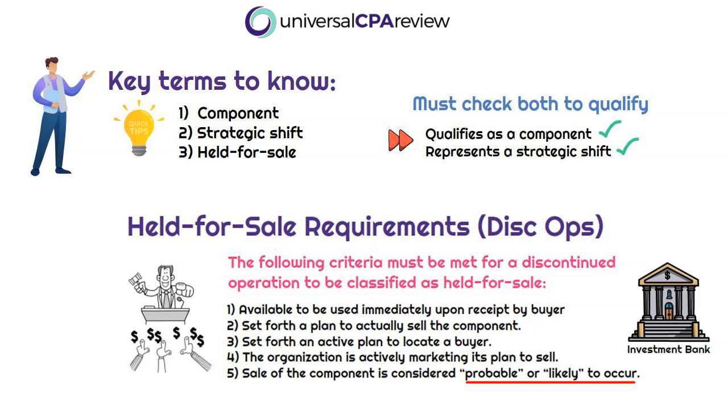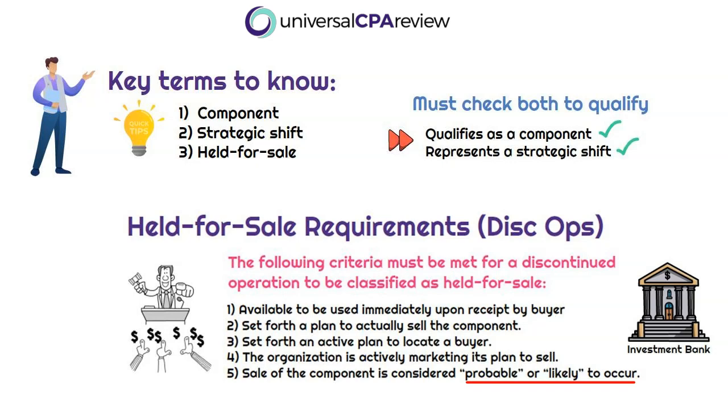If it's a poor asset or business that nobody wants, it might sit there for years, and at some point it just becomes unrealistic to assume it will be sold. So if it's probable or likely that this sale occurs, then all of these things mean, okay, we can classify this component as held for sale. And that's going to be very important, and I'll explain why. But overall, for the exam, they really won't make you determine whether it actually meets these requirements.